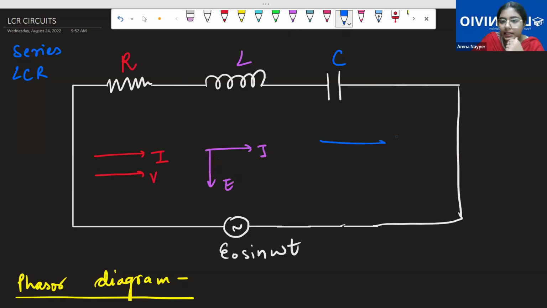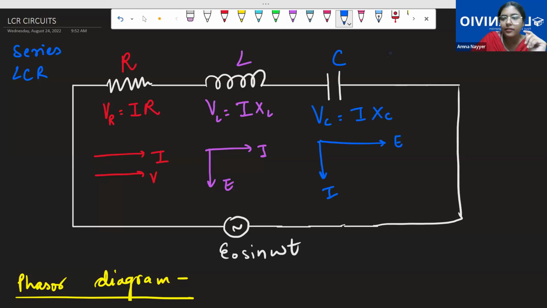Coming to capacitor, here the EMF lags by 90 degree and the current leads by 90 degree. Now, when we talk about the voltages of each, the voltage of the resistance is equal to I into R. Voltage of the inductor is equal to I into XL. Voltage of the capacitor is known as I into XC.